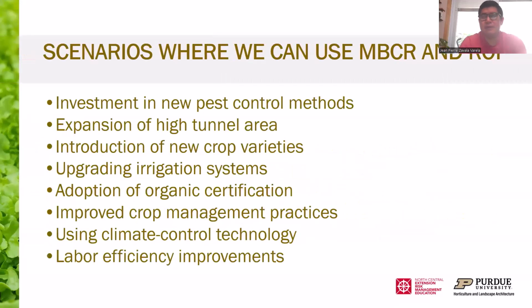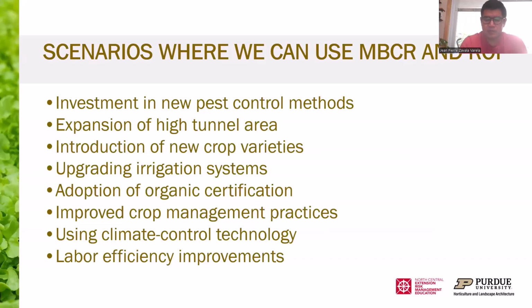But in what type of scenarios can we use the marginal benefit cost ratio and return on investment? For example, an investment in a new pest control method. Let's think that we are going to compare, in spinach production under a high tunnel, a current pest management method against aphids versus the introduction of a biological control agent.